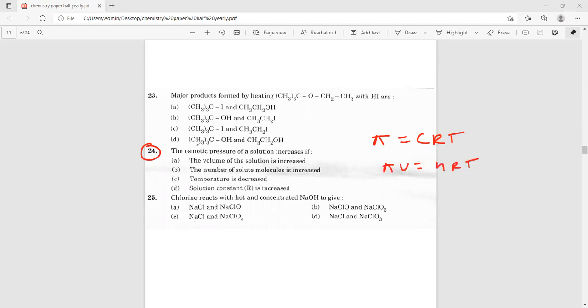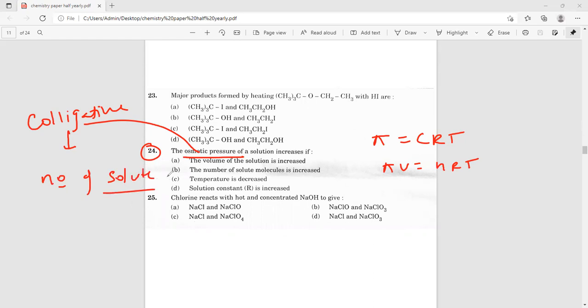Means this is a colligative property. Osmotic pressure is a colligative property, and colligative properties always depend on the number of solute particles, the number of moles of solute. Means B is the right answer. Clear? 24 answer is B.